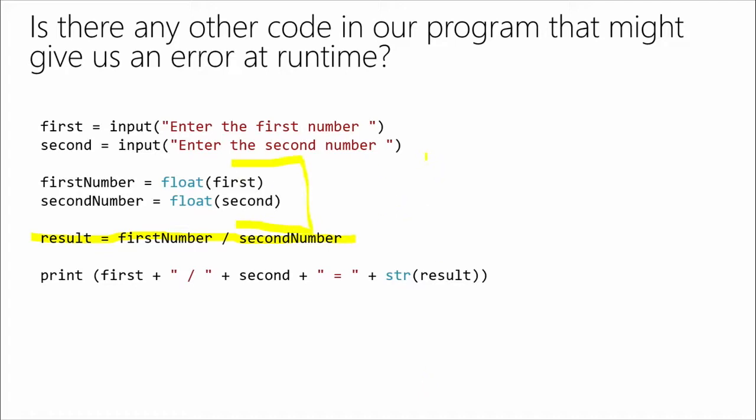Oh, yeah, if somebody entered in Bob, a few people had pointed that out. Or Wibble. Exactly. When I ask somebody to enter a number and then I convert it to a float, which is a number that has decimal places, if they entered letters or something that's not a valid number, that code would crash too. So you might need a try except around the first and second number.